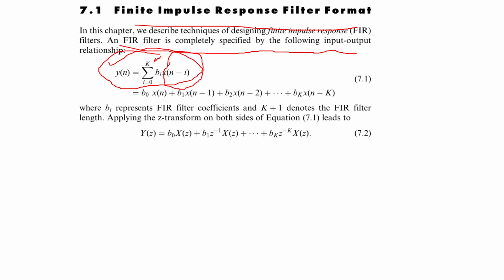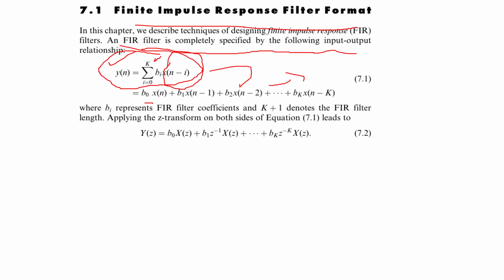And what is this b_i? b_i is nothing but your FIR filter coefficient, right? Also you can rewrite this equation as b0 x[n] plus b1 x[n minus 1] plus b2 x[n minus 2], and so on, which depends on the total number of responses that you require.